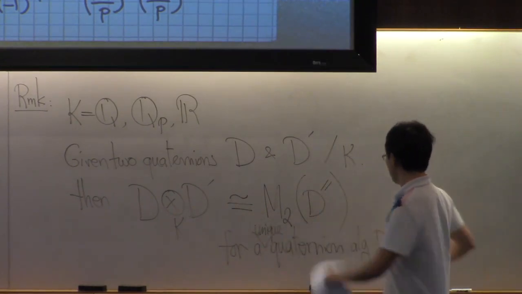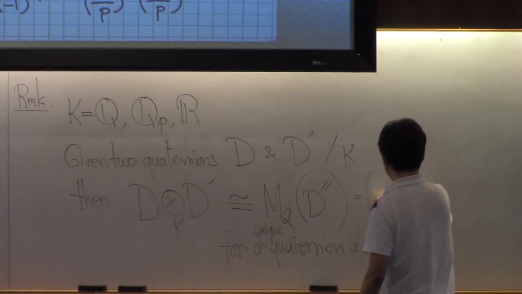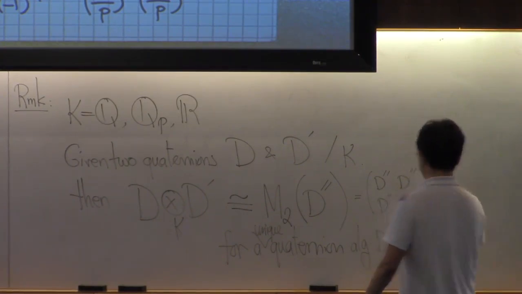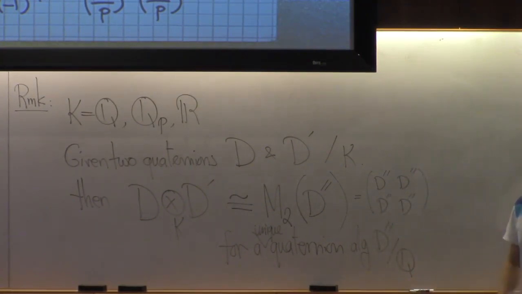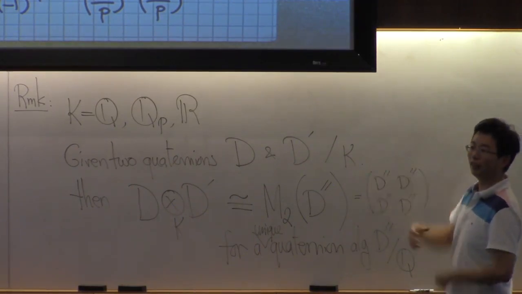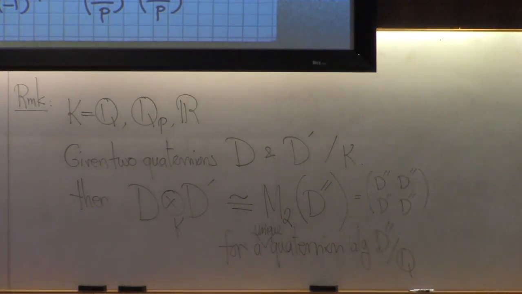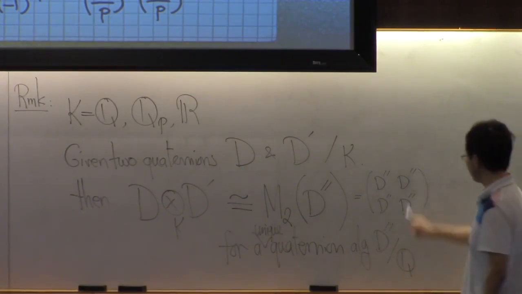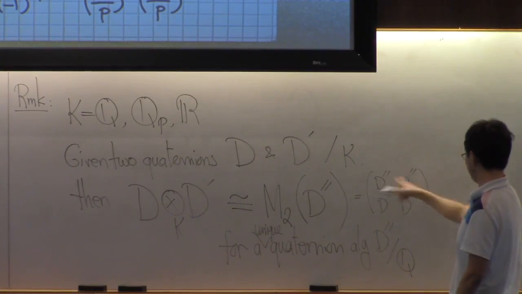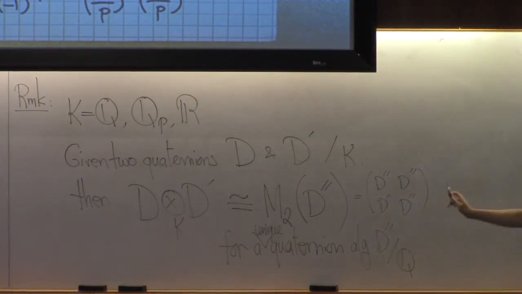On this side, what does this mean? When you have matrices, you can do block matrix multiplication. Each block, instead of putting in a 2 by 2 block, I put in a quaternion there. You can still do matrix multiplication. So each part is 4-dimensional, you have 4 parts, so 16-dimensional. So at least the dimension checks out.